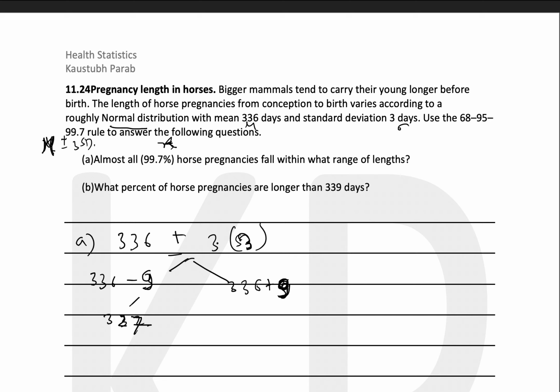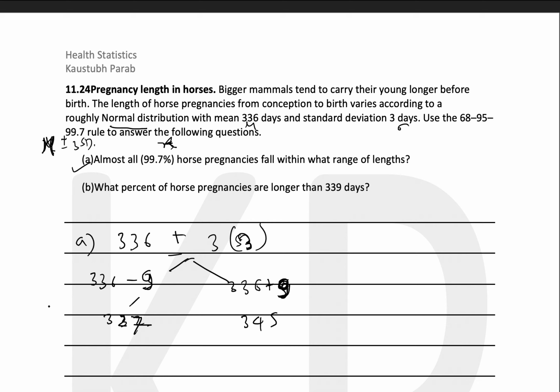So 3 times the standard deviation is 3 times 3, 9. That's why we are adding or subtracting 9. And that's going to give you 345. And you're going to say almost 99.7% of pregnancies fall within the range of 327 and 345. So that is your A part.